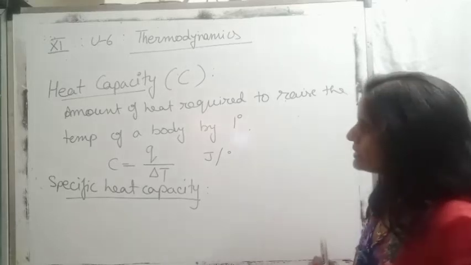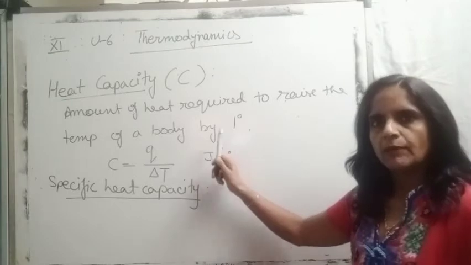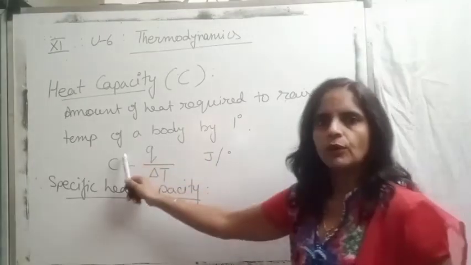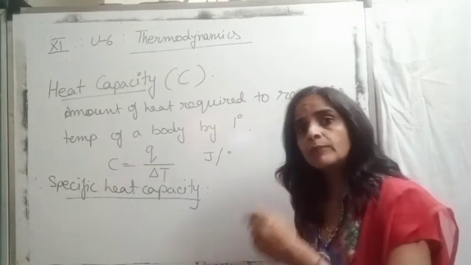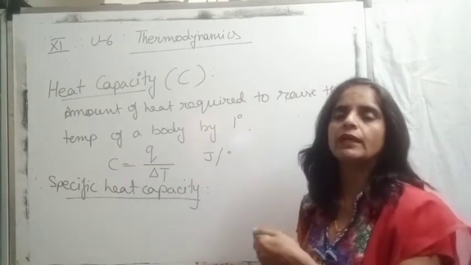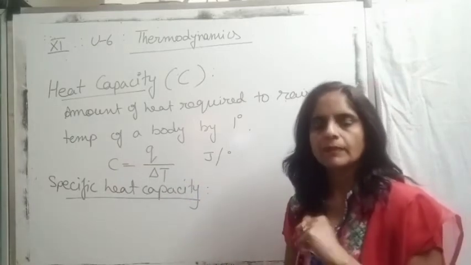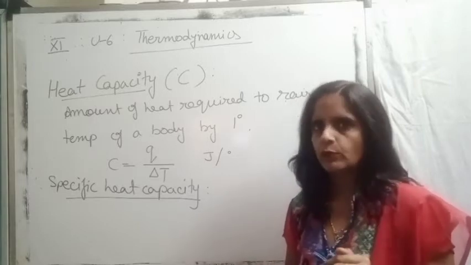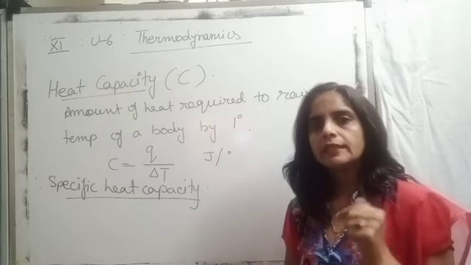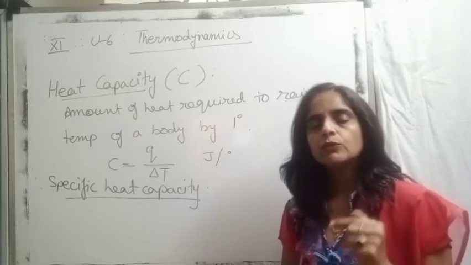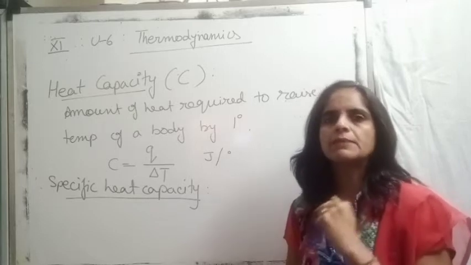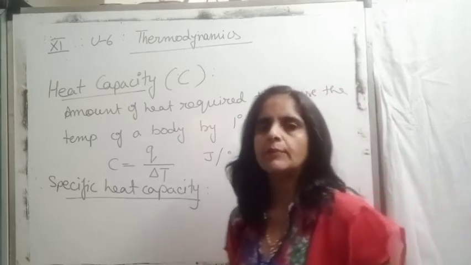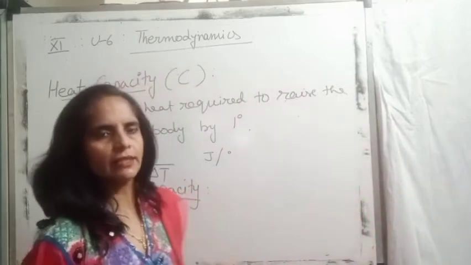So the only change in the definition: amount of heat required to raise the temperature of 1 gram of substance by 1 degree. Understood children? Shall I repeat? Amount of heat required to raise the temperature of 1 gram of substance by 1 degree. This is termed specific heat capacity.